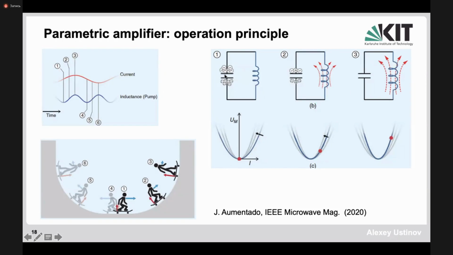But if you displace the charge a little bit, make the capacitor charged, then by manipulating the inductance with a frequency which is twice the frequency of the oscillations in this resonator, one can basically provoke the oscillations and make the power of the oscillations increase. Similar things happen, of course, in the tube and so forth.